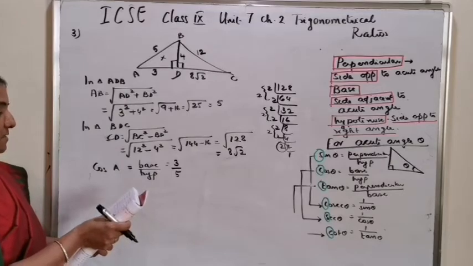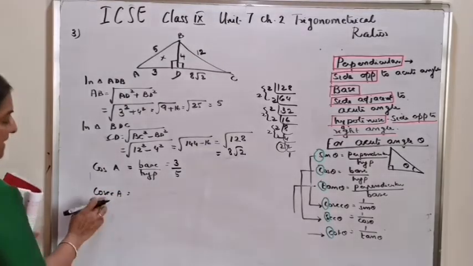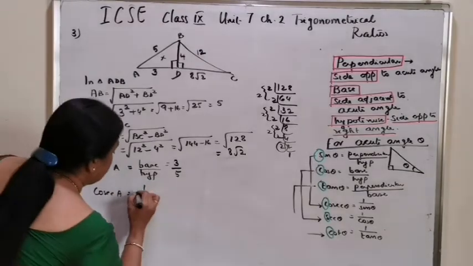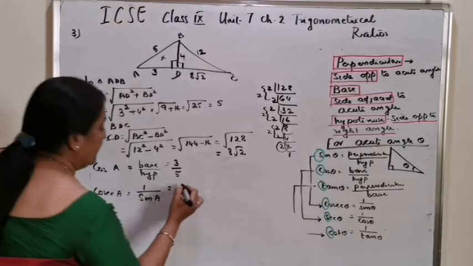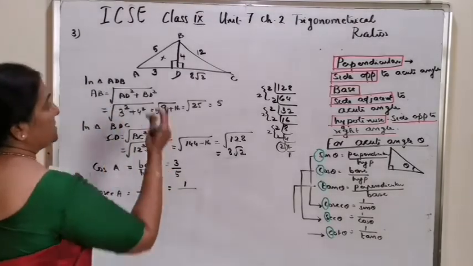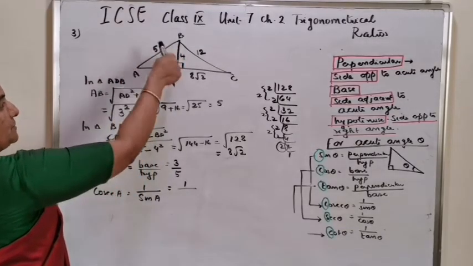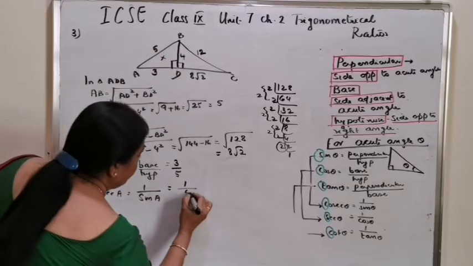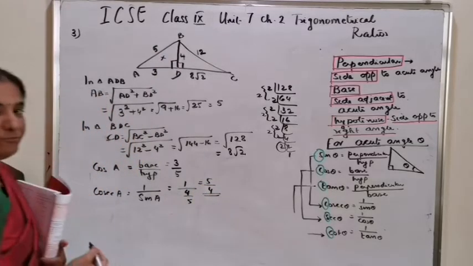The next is cosec A. As I am telling you, cosec is the reciprocal of sin A. Sin A is perpendicular by hypotenuse, the opposite side by hypotenuse, that is 4 by 5, so cosec A is 5 by 4.